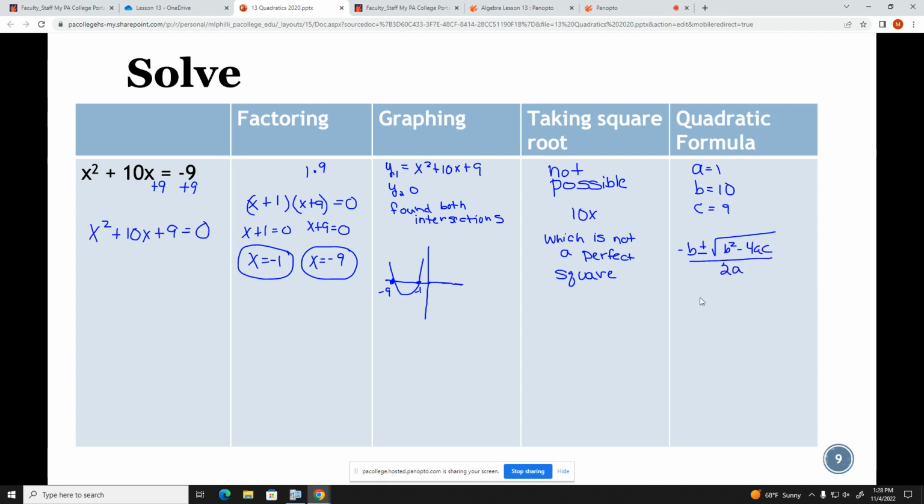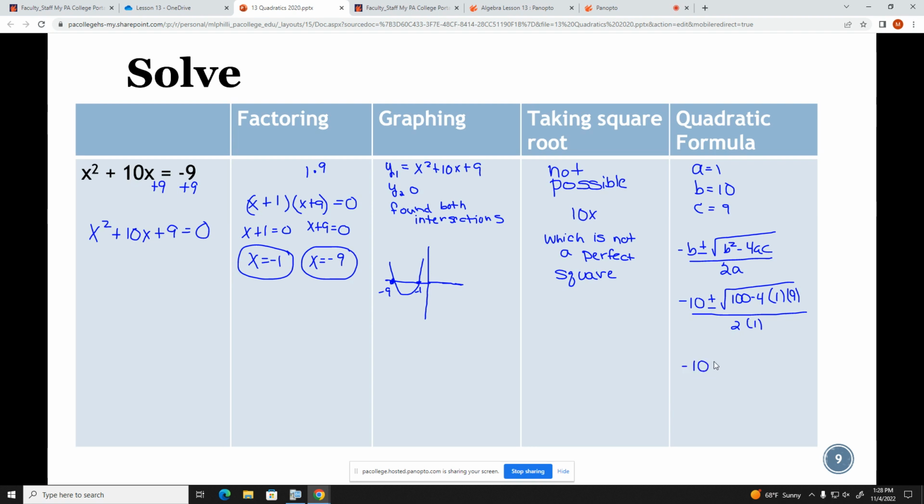I substitute in all of the numbers, so the opposite of b would be -10 plus or minus b squared, so 10 squared is 100, minus 4 times 1 times 9 all over 2 times 1.